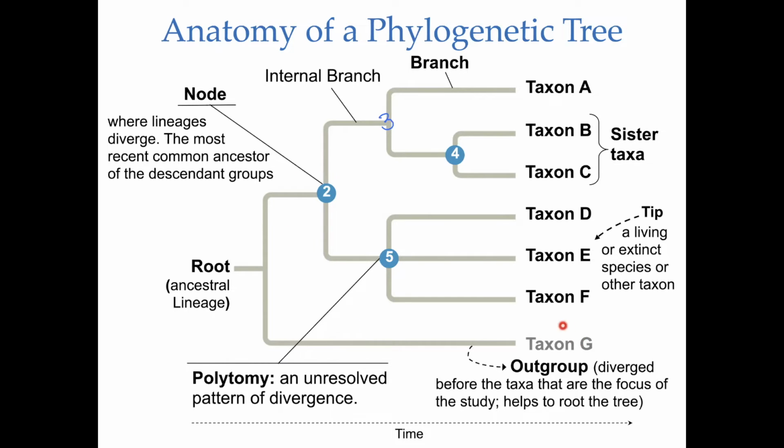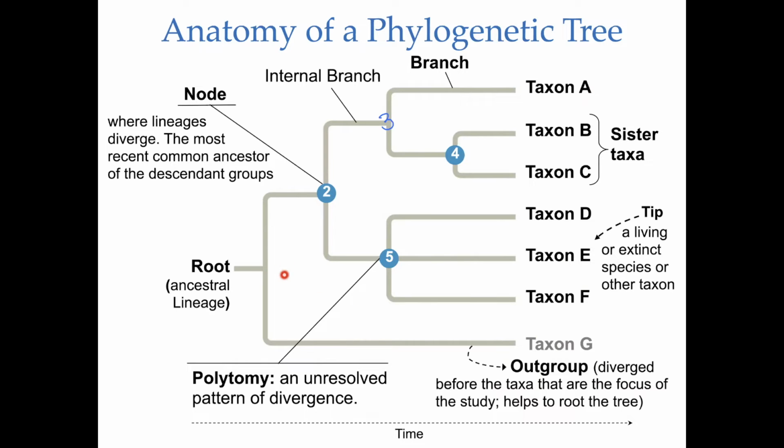One formed taxon G, and the other one gave rise to all the other taxon that we have in the tree. So taxon G diverged from all the other taxon before they diverged from themselves. So it's going to help us to root the tree because it's going to be closely related to the whole group that we are studying, but it diverged before.